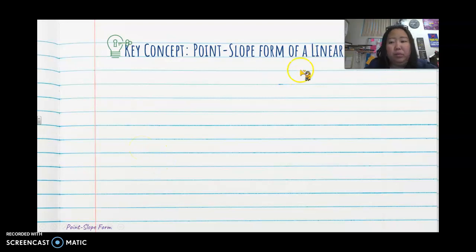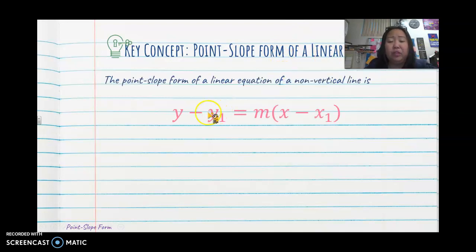If you will remember, when we talked about slope intercept form, in the equation you can find the slope and the y-intercept. So same idea with the point slope form of the equation of the line, wherein the equation looks like this: y minus y1 is equal to m times the quantity x minus x1, wherein you have a point.